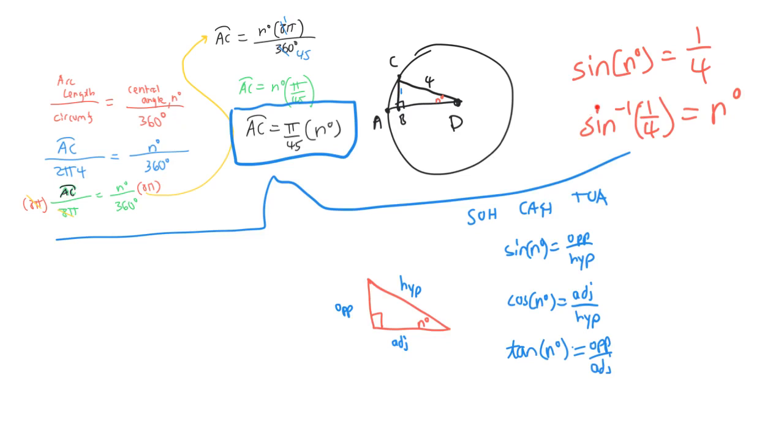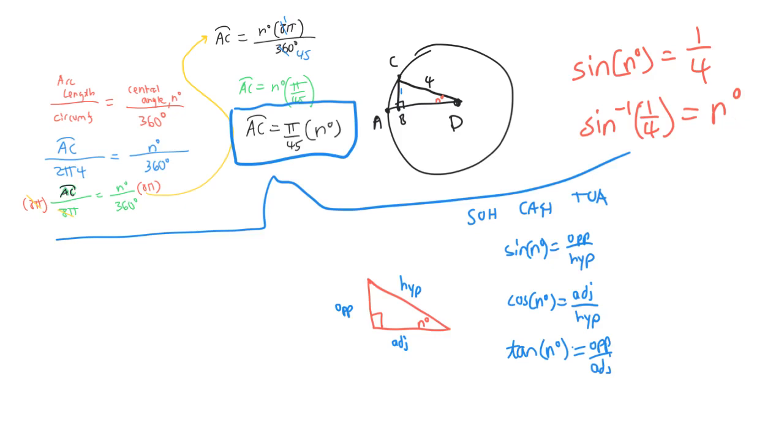Now, some of you who are not familiar with this might be like, okay, how's that helpful? That's not a number. Well, actually, it is a number. If you had a graphing calculator, even on your iPhone, if you tilt it sideways, there are ways of finding the inverse sine. You might want to do the inverse sine of 0.25, and that would give you the exact measurement of the angle.